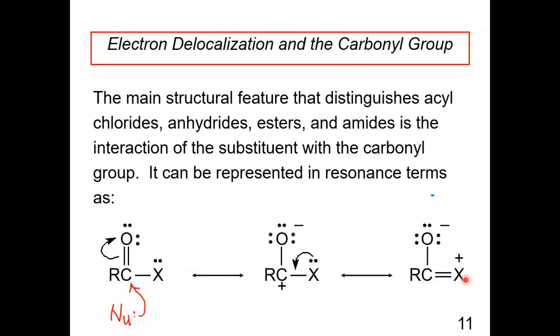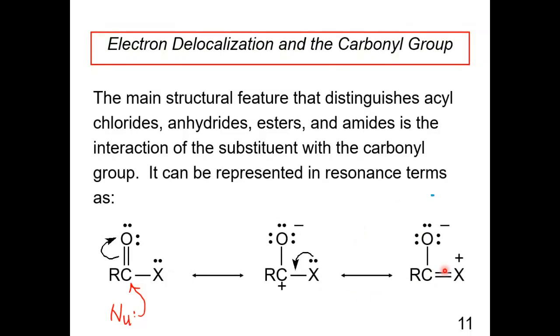Any question about this way of thinking about the stability of the carbonyl group in carboxylic acid derivatives? Essentially, we are looking at the contribution of this resonance form. The greater the contribution this form makes, the better stabilized, more stable, and less reactive the carbonyl is.